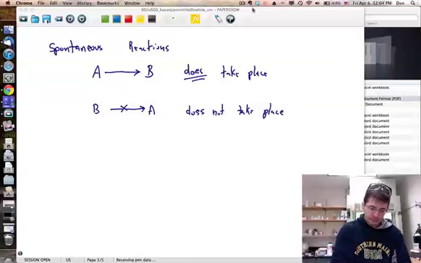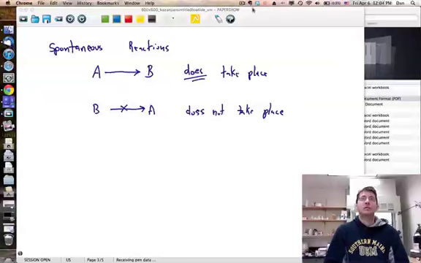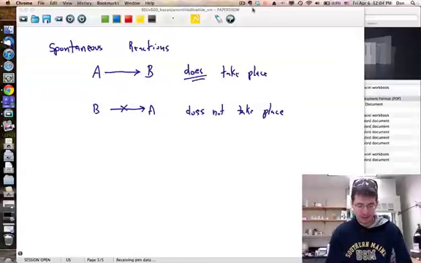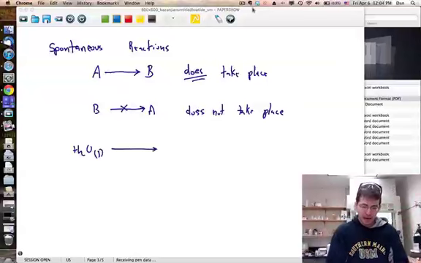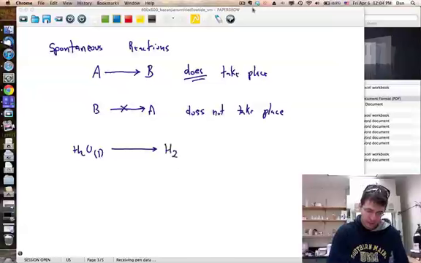Water does not spontaneously boil at room temperature. Water going to water vapor does not spontaneously take place. H2O liquid does not boil automatically to form H2O gas.